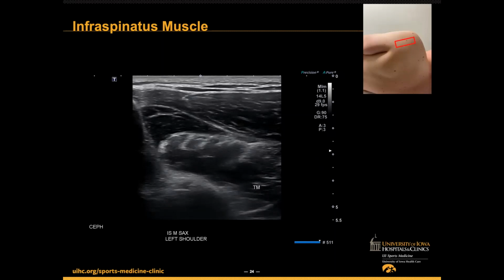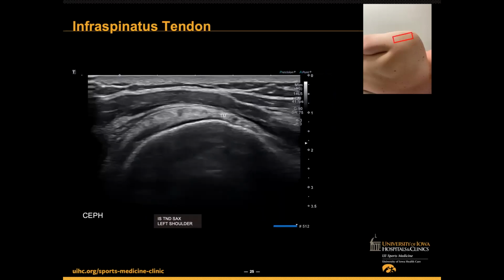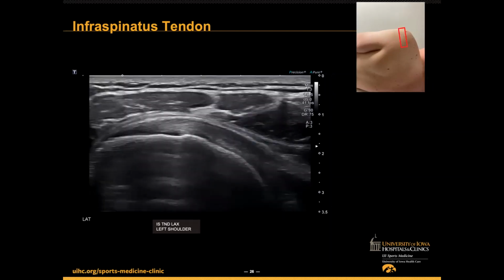And then we follow this out laterally, and at this point, I like to look at the infraspinatus in short axis. You can see tendon here with teres minor tendon attached just inferiorly. And then I rotate into long axis to evaluate the tendon. And you can see muscle down here.